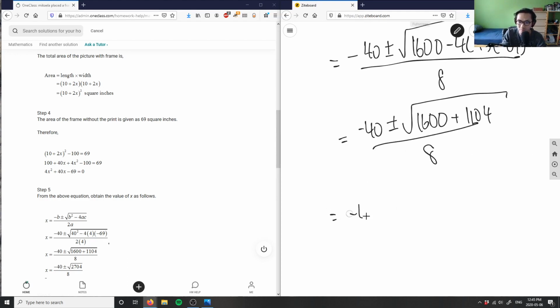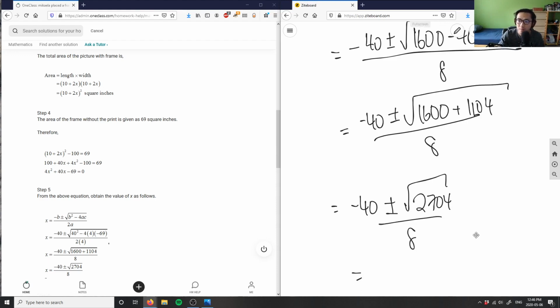This equals negative 40 plus or minus, I don't know why my Siri keeps going off, sorry, the square root of 1600 plus 1104, which is 2704, all over 8.